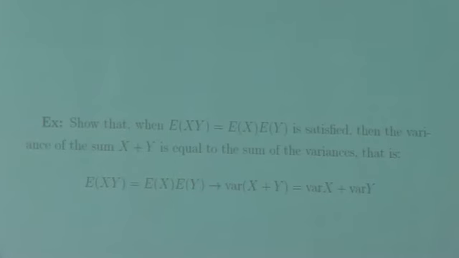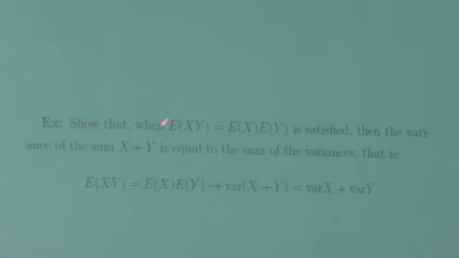Show that when the expected value of XY is equal to the product of the expected value of X and the expected value of Y, then the variance of the sum is equal to the sum of the variances.